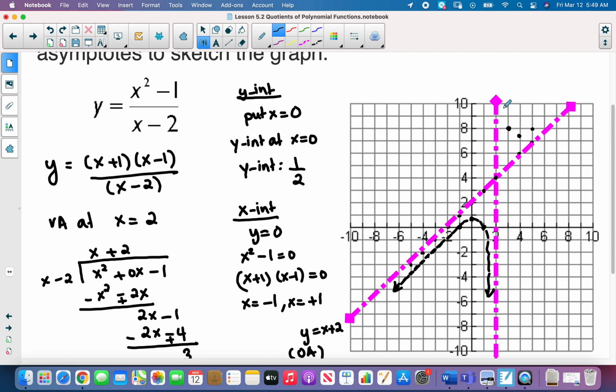So you can see that this is the function on the other side. You can connect those dotted points and just draw a smooth curve. And there you have plotted the function.